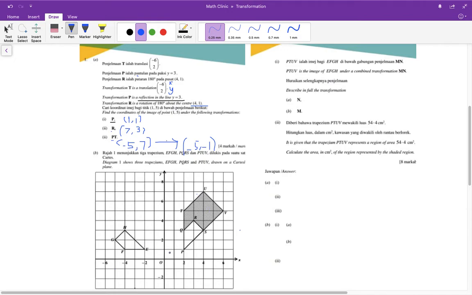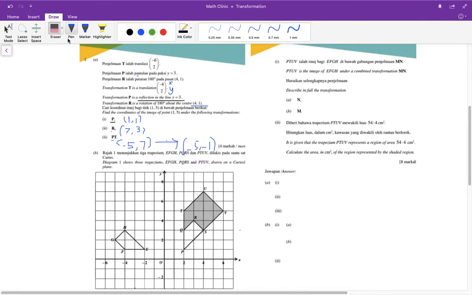Okay, this is rotation. So this rotation, it lays down and then it goes up. That means it's a clockwise rotation. So basically it's 90 degrees. How do you know that? Because I just told you before, if it's 180 degrees over here, it will be on the opposite side. Like if the center is here, it should be here. So this is not 180 degrees, that means it's 90 degrees.